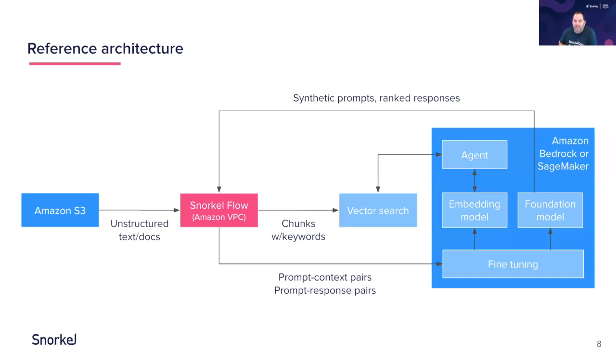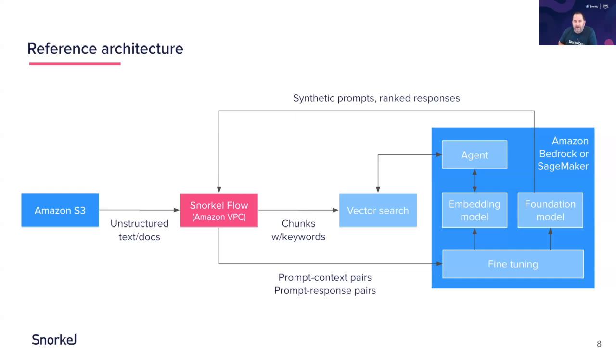And then where Bedrock and SageMaker come into play, at least particularly in this context with Snorkel Flow, is that's an environment where we can send our training data and then build those specialized embedding models and foundation models, right? And even build RAG systems on top of them. And then the final piece, you might see that loop coming back, is that Snorkel Flow can also take advantage of foundation models, whether fine-tuned or not, for a number of different tasks, right?